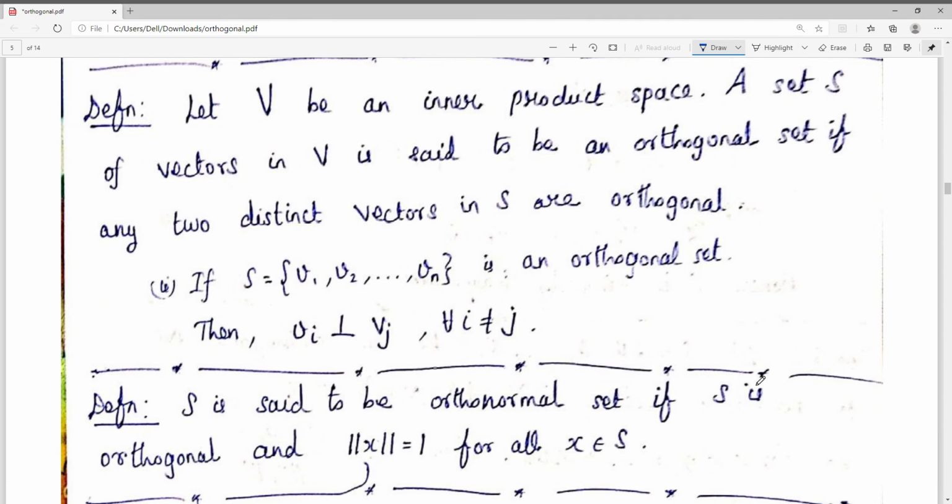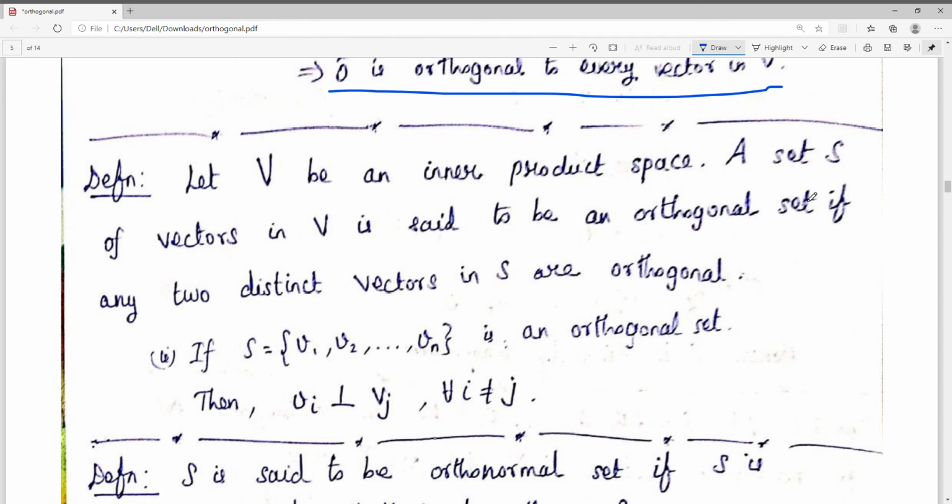Next, definition: orthogonal set. First we see that two vectors are orthogonal if their inner product is equal to 0. Now V is an inner product space and S is a set of vectors in V, which is said to be an orthogonal set when any two distinct vectors, whichever two distinct vectors you take, are orthogonal.